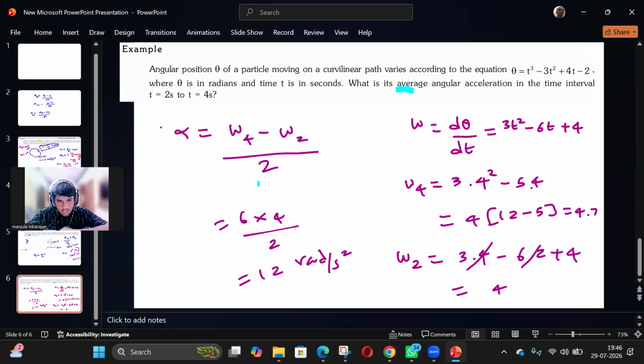Because the time interval here is finite, no? 2 seconds. If it is dt, then it will be instantaneous. Okay, clear?